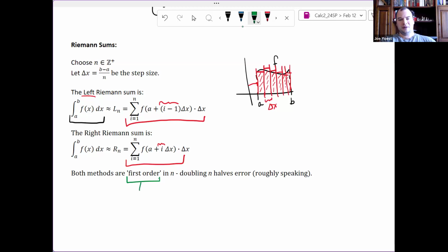So if I say that a method is first order, what I'm saying is if I double n, if I double the number of subintervals, if I double the length of my sum, well, that means I double the number of function evaluations I have to compute on the computer.